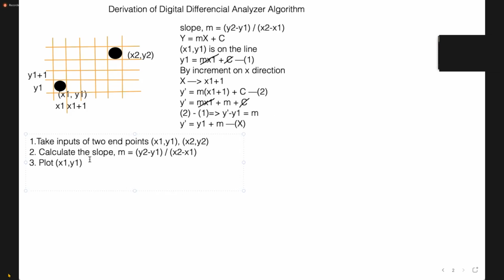Then, after plotting that one, the fourth step is a repeat, iteration. Repeat what?